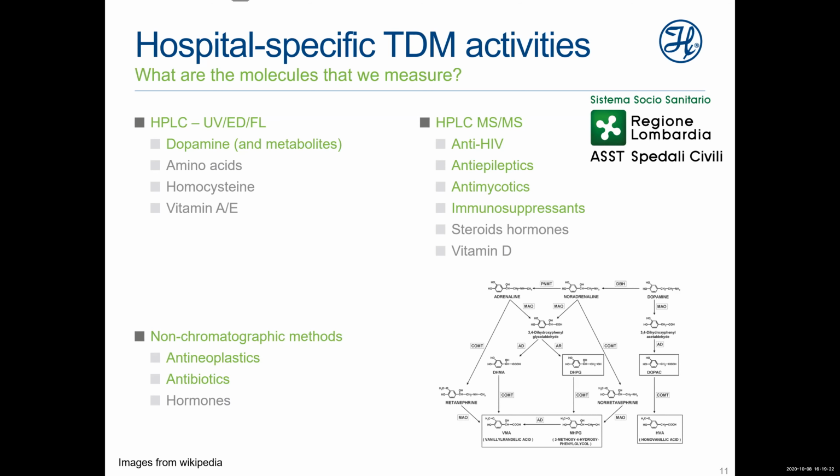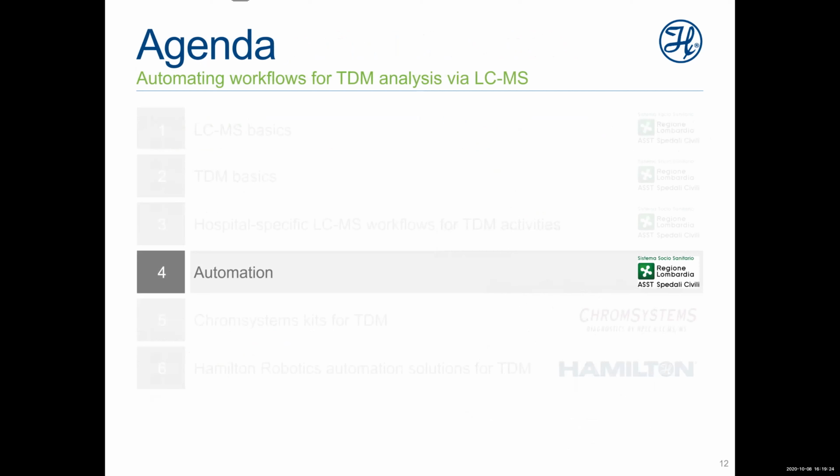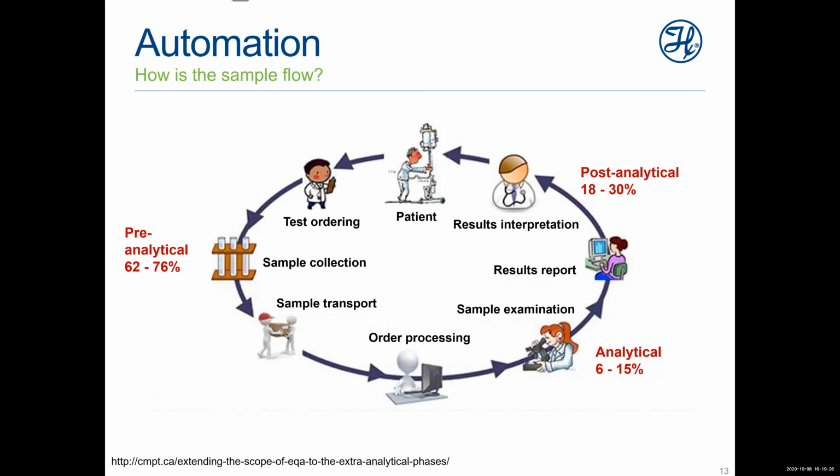Okay, next one. Now, this is the main topic of this presentation, and we are going to be a bit more detailed. So, automation. How is the sample flow? This is the classical flow in each hospital laboratory, and you can see that we start from the patient.